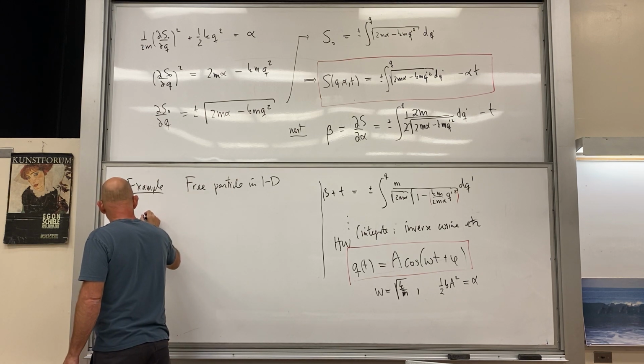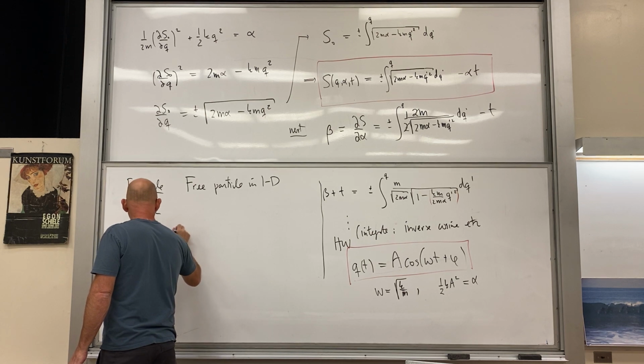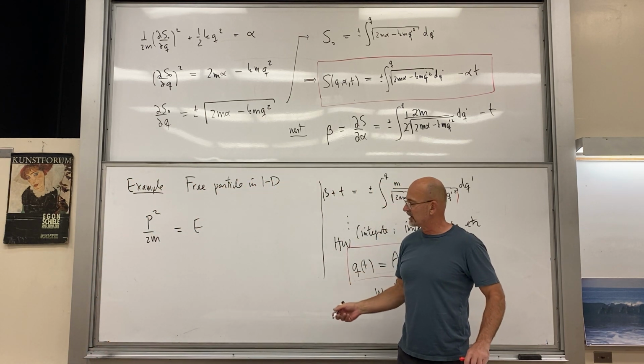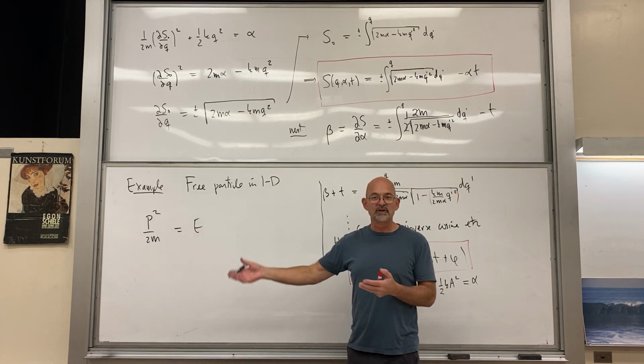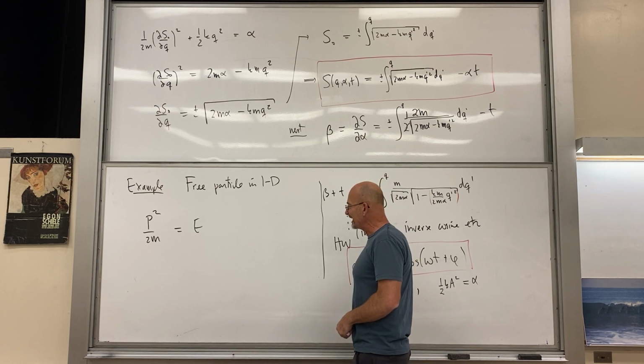We know that p squared over 2m is equal to the energy. That's our Hamiltonian, p squared over 2m, because potential energy is 0 or constant. So p squared over 2m equals E.